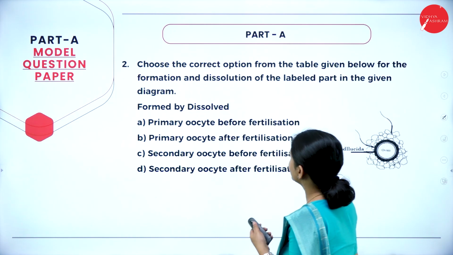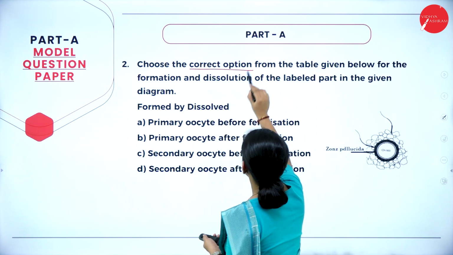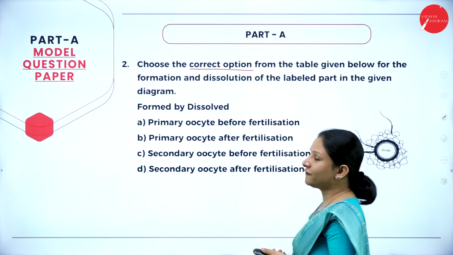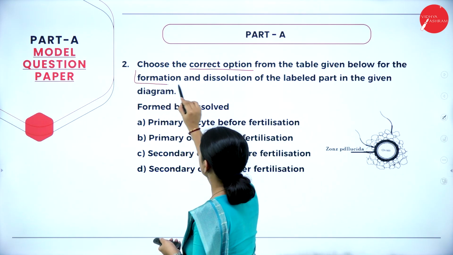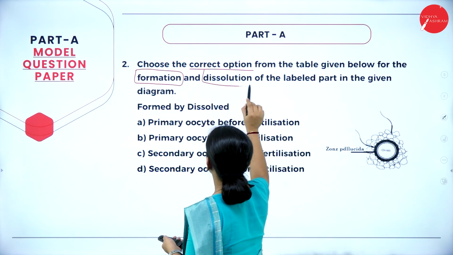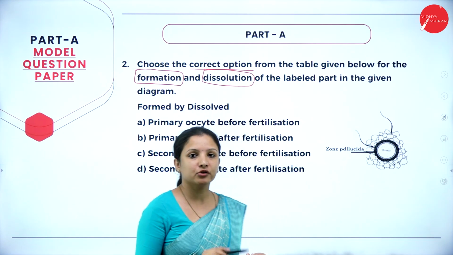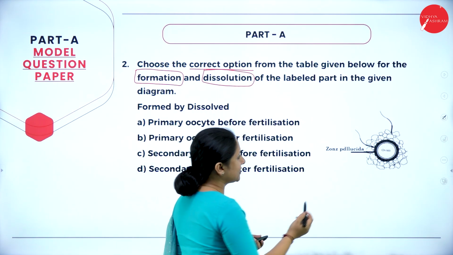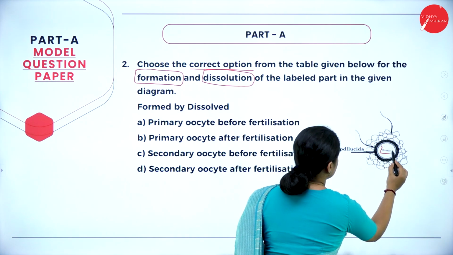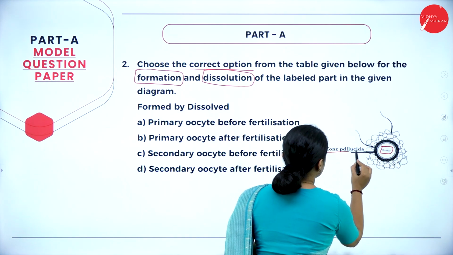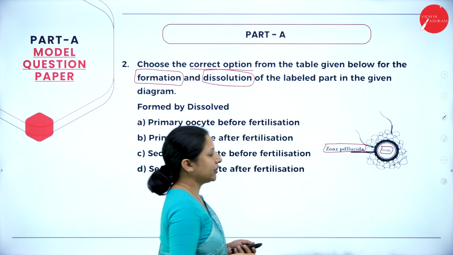The question says choose the correct option from the table given below for the formation and dissolution of the parts that are labeled in the diagram. So, first you need to look into the diagram. What are the parts that they have labeled? They have labeled ovum, and they have labeled zona pellucida.